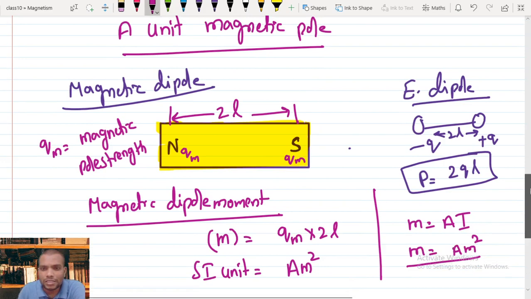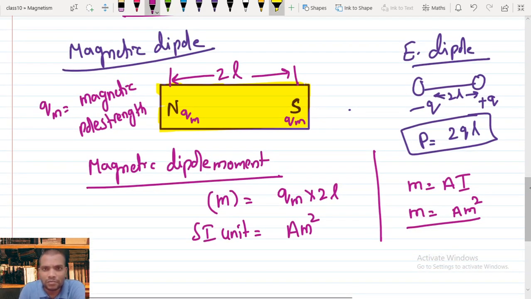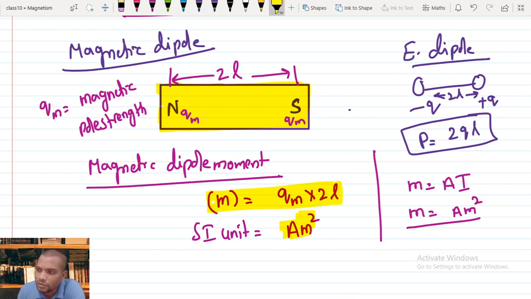How these units come, we can derive later. For the time being, we take this definition: the magnetic dipole moment is equal to the product of the pole strength and the magnetic length of a magnet.